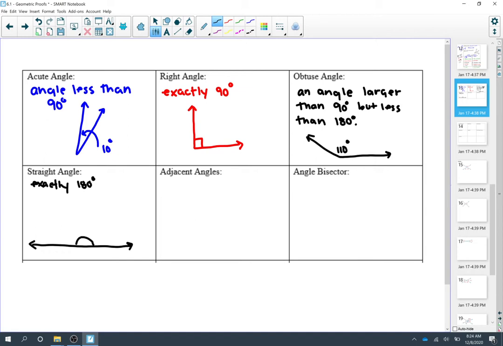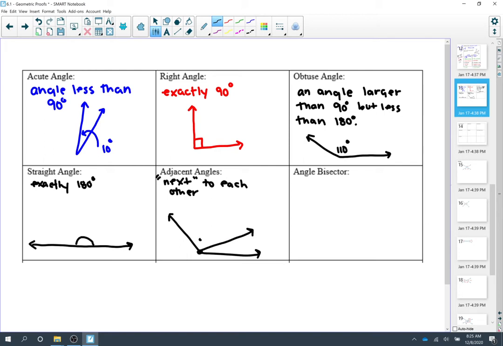Adjacent angles, next to each other. Okay, so an example of this would be if we were to take, let's say, an angle that looks like this, and then I would take my vertex and I would draw another ray.